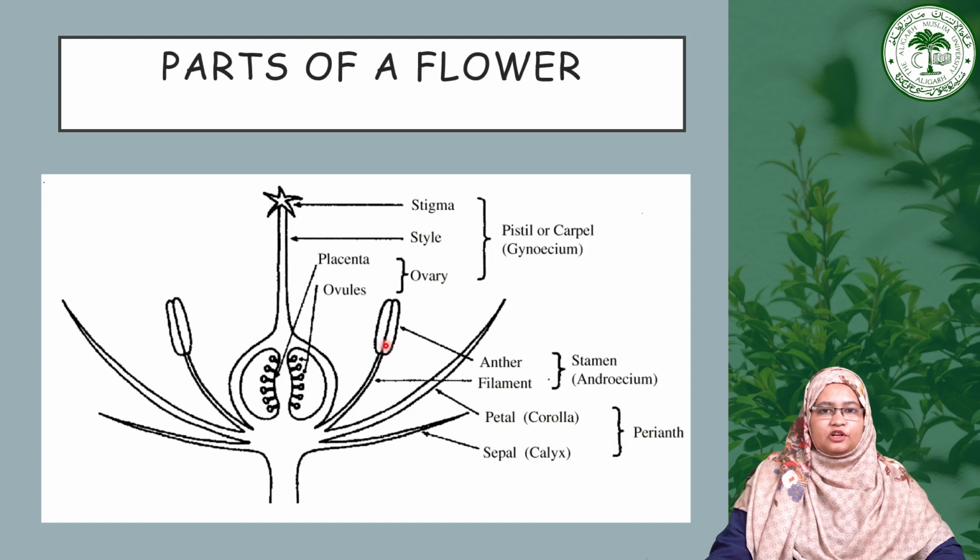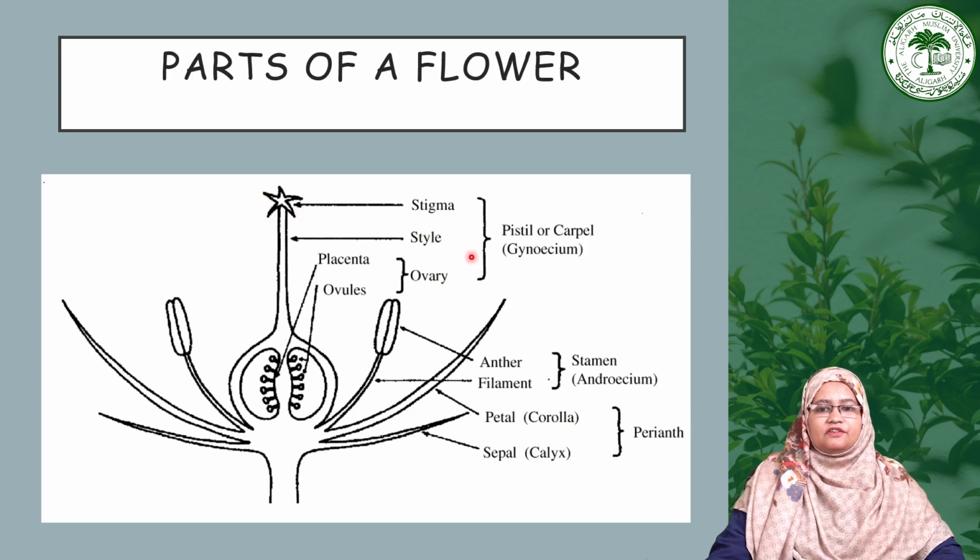Then the male reproductive part, or microsporophyll, is the androecium or stamen, which has two parts, anthers and filament. Then the female reproductive part is the gynoecium, which is also called the pistil or carpel, which has three parts: the ovary, present at the base, then the style, which is a stalk, and at the apex there is the stigma.